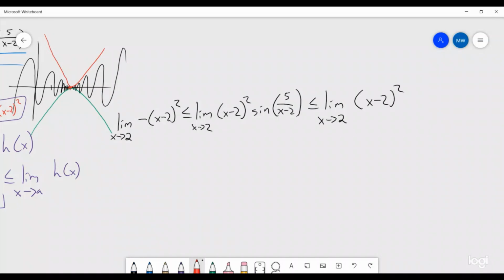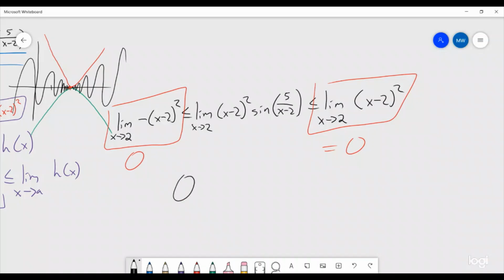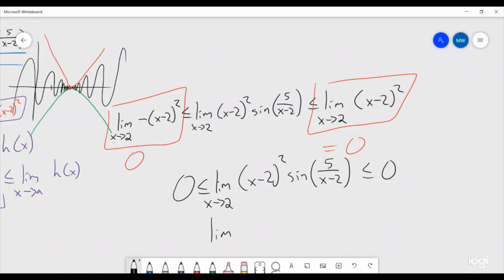Well, this first one and this last one are just equal to 0. So we got 0 is less than or equal to the limit as x goes to 2 of (x minus 2) squared sine of 5 over (x minus 2) is less than or equal to 0, which tells us that this limit must be equal to 0. That is the power of the squeeze theorem.